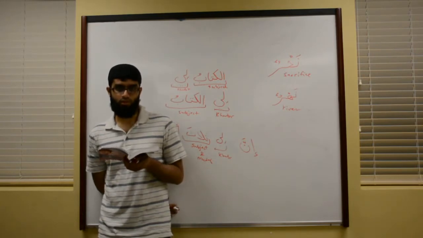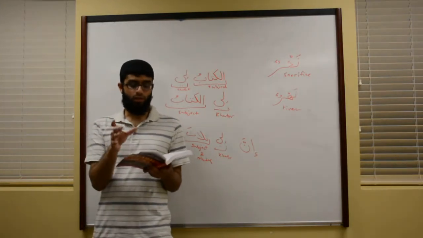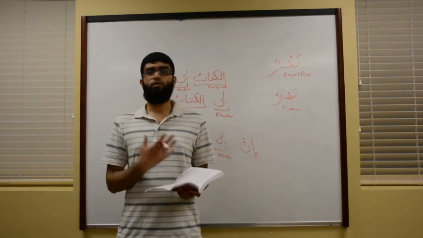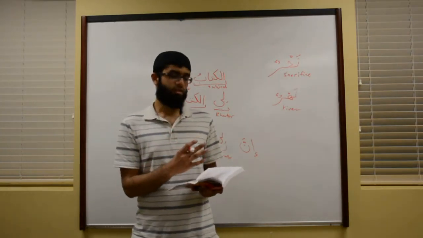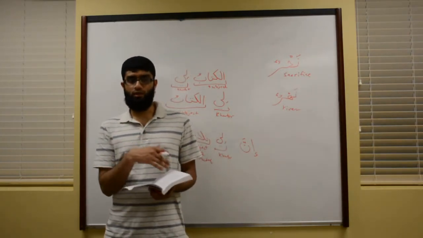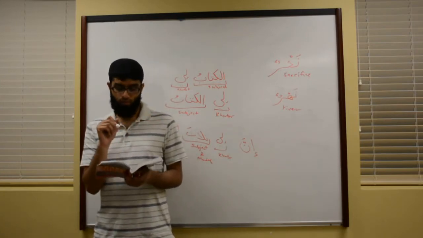The subject is changing. So really the sentence is anharun kathiratun fil hindi, a lot of rivers in India. Inna will change anharun to anharan and kathiratun to kathiratan. So you should write these out.